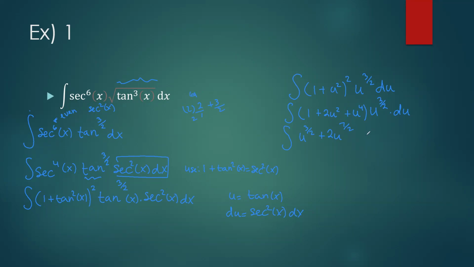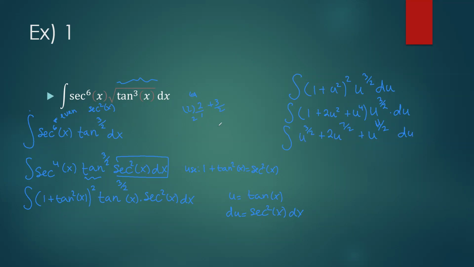And then the next one is u to the 4th times u to the 3/2. That is u to the 11/2, du. Then what you do is take the integration of each term. So what's the integration of u to the 3/2?